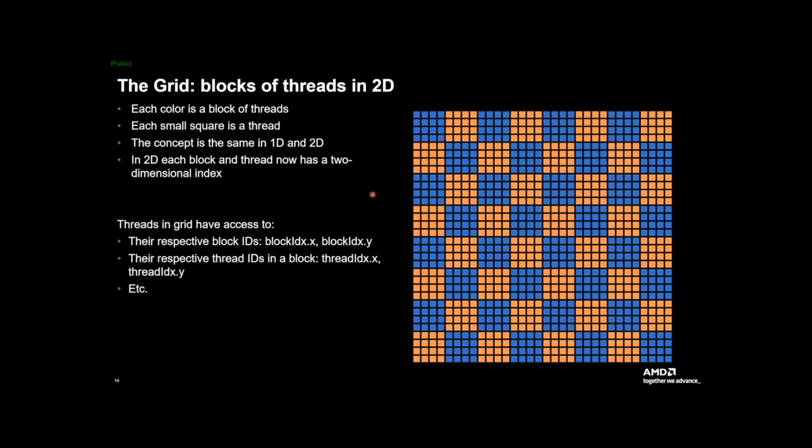Threads in the grid have access to their respective block IDs, blockIdx.x and blockIdx.y, because you now have different x and y, and the thread ID also becomes threadIdx.x and threadIdx.y, etc. So now it's not complicated, but a bit different how to calculate your thread position for the global position in this, let's say, grid.